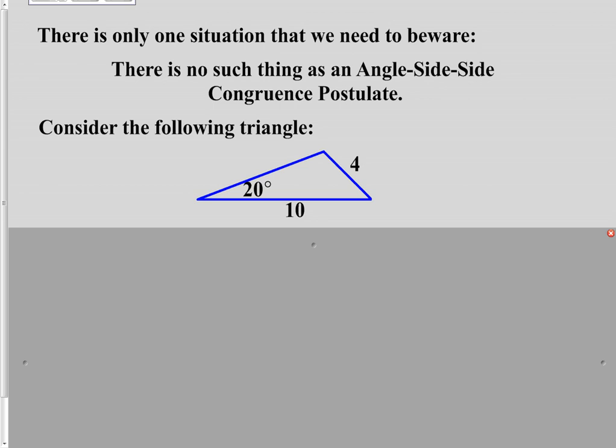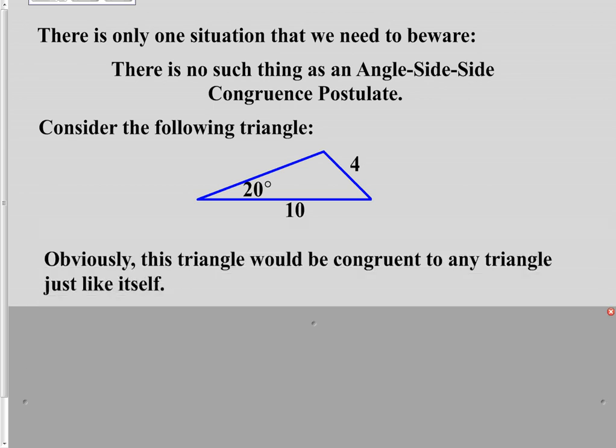Now, if we were going to say that this triangle was congruent to another triangle, clearly this triangle would be congruent to any triangle that is identical to itself.